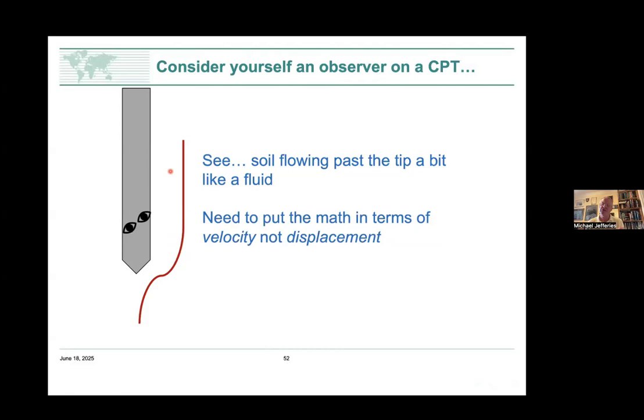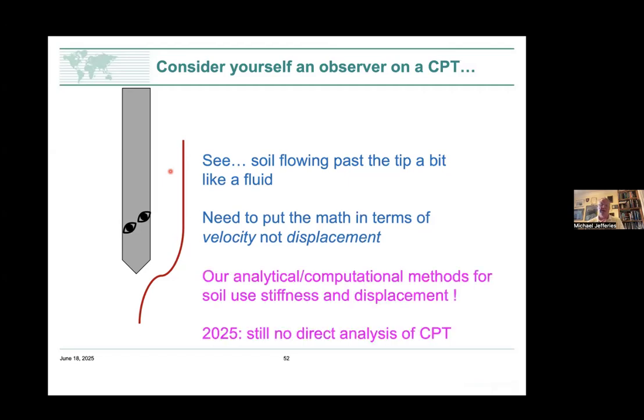Velocity is what you find in hydraulics. We talk about velocities in a stream flow, and all our equations talk about velocity. But in soil mechanics, we've not learned to deal with velocity, so we deal with displacement. And as of today, we still have no direct analysis of CPT.